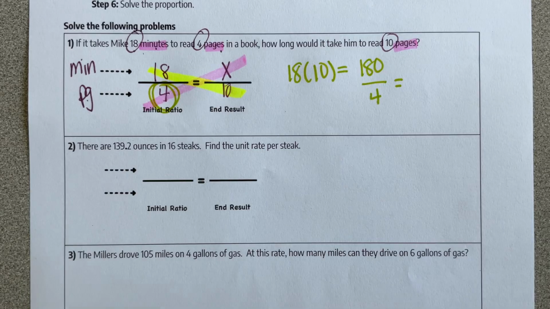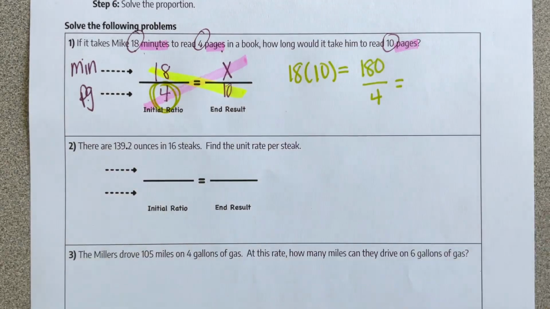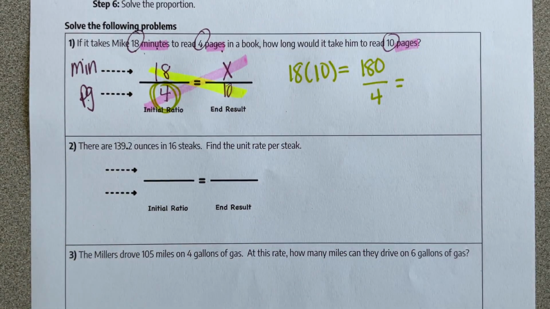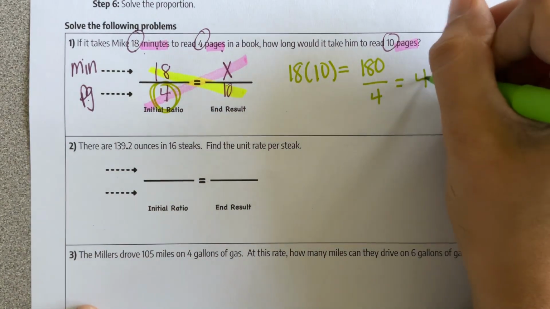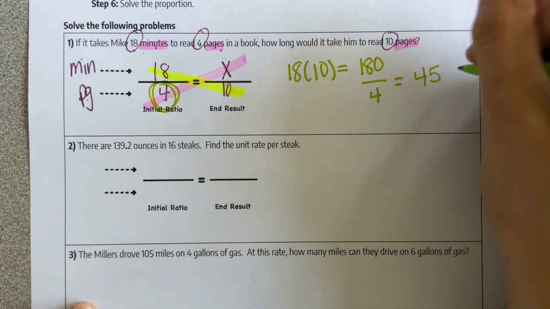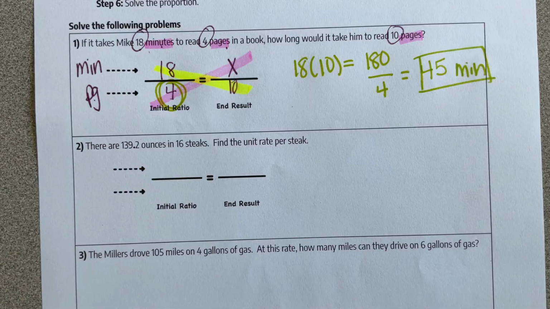So 180 divided by 4 is going to give us 45. And what we were solving for, x, is on top, which is with minutes, so it's 45 minutes. You should be making sure to include units in your answers.